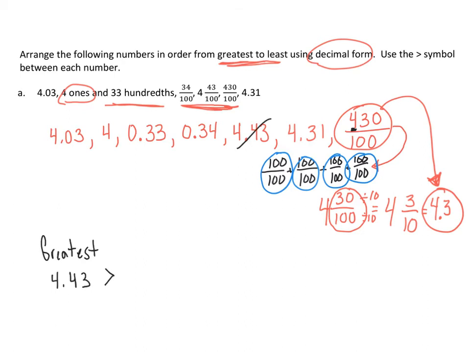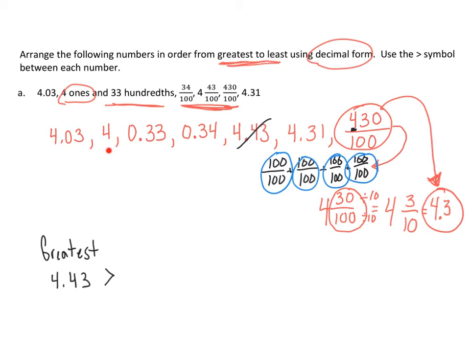Okay, well, what would come next? We can cross this guy out. What comes next, well, I look over here. I see 4 and 31 hundredths, but then don't forget this guy, 4 and 3 tenths. Well, they both have a 4, and next door there's a 3 tenths, but then this one has a 1 in the hundredths.